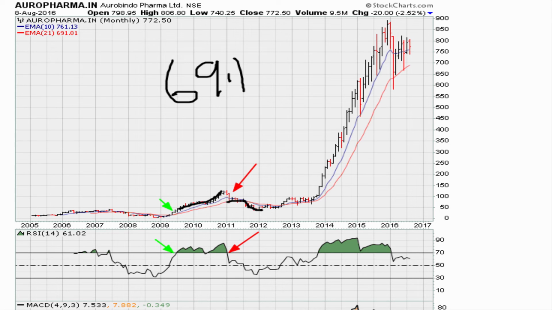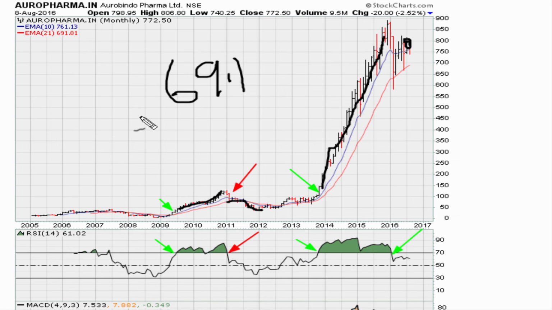It would recapture that 69.1 level again here during this period, and the stock stayed above that general area until a price range here of about 750 to 800.